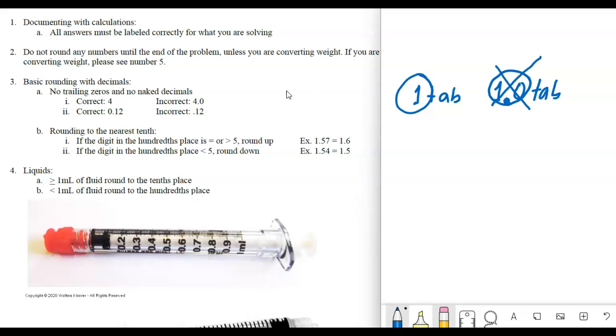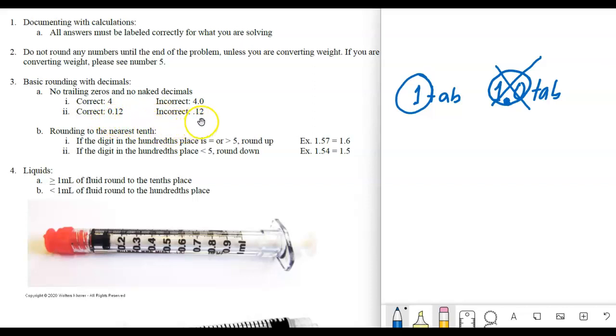Now, no naked decimals. What do we mean by that? As in this example, if you have something less than 1 in decimals, you want to write the 0 before your decimal point. What's incorrect is not writing a 0. So the correct way is 0.12.